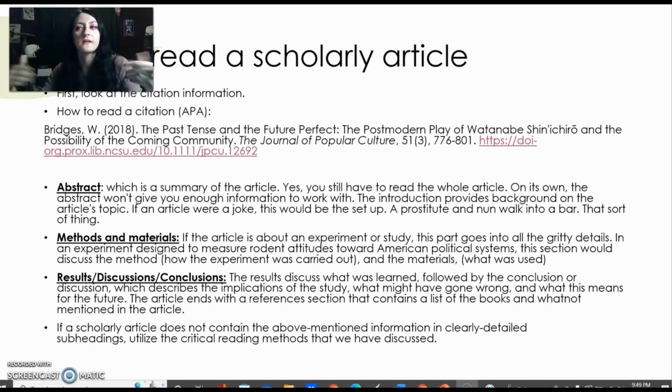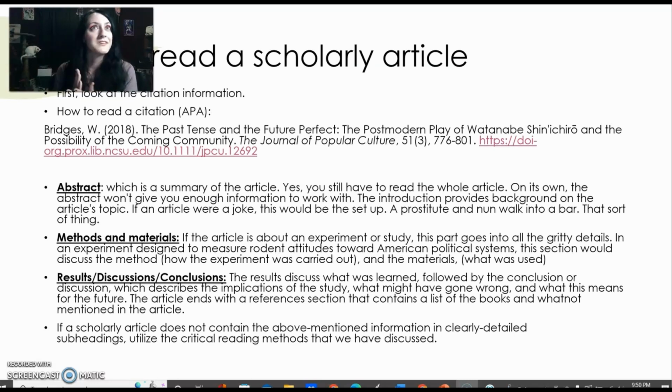Because sometimes things do go wrong, and the researcher will say, hey, there was maybe an issue here, so take that into consideration when you're reading our research. Or they may say, when we were studying this thing, something else came up that we didn't anticipate, and we don't have time to research that, but if you do, definitely utilize what we did and see if you can duplicate that study.